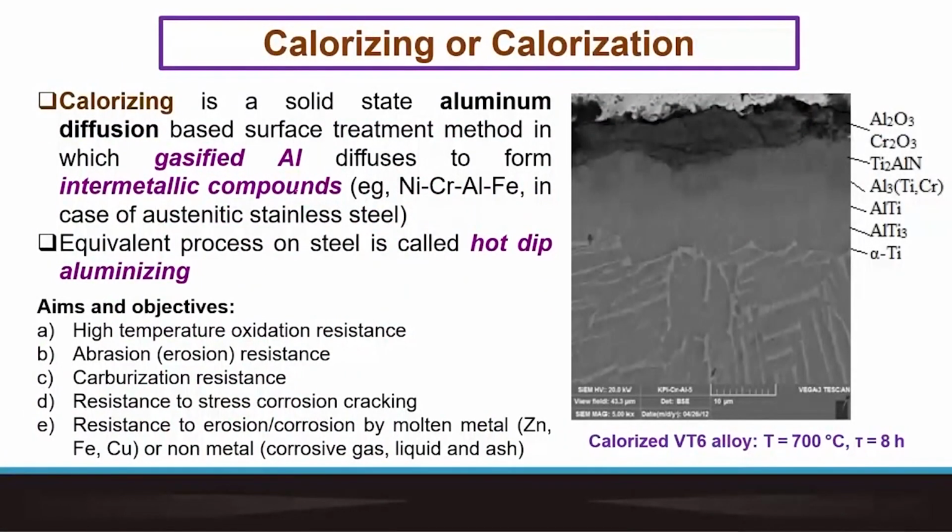Before we move to the next element, let's also say that calorizing is another term which we often see in the literature. We have to know that this is basically a patented process, and that's where the name comes from. Ideally it's a diffusional process of enrichment of aluminum.